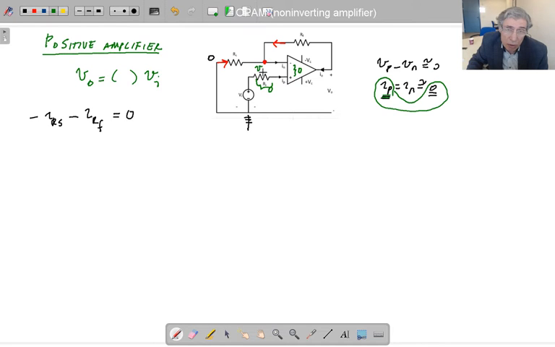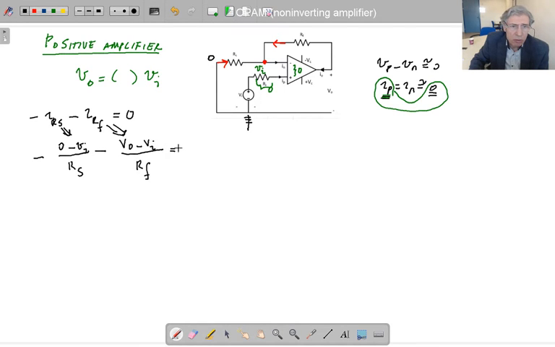So we found that this node voltage is equal to the input voltage. So you can easily write this current in terms of it. Let me write it. Minus this current: 0 node voltage minus VI node voltage over RS. And what about this one? This node voltage is 0, that node voltage is VI, so V out minus VI over RF is equal to 0.